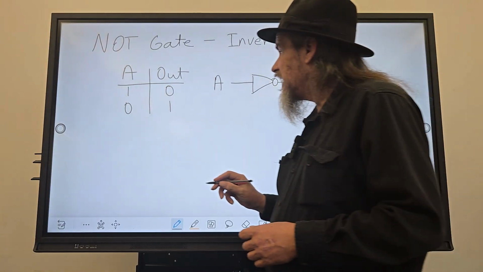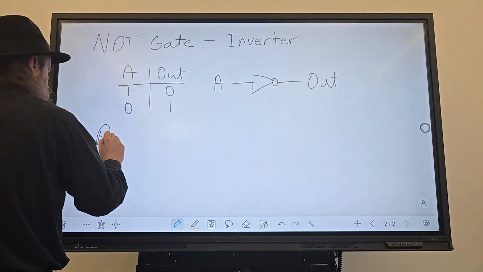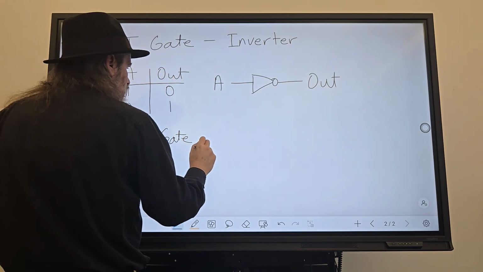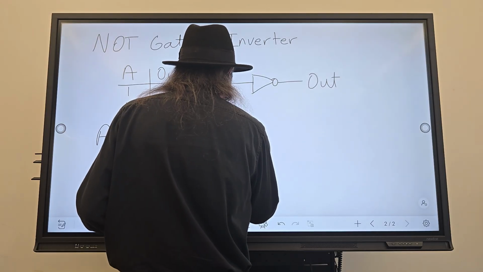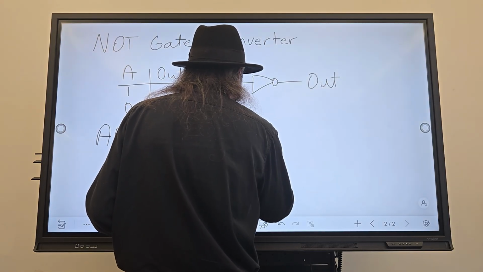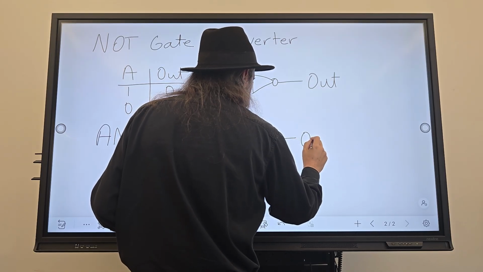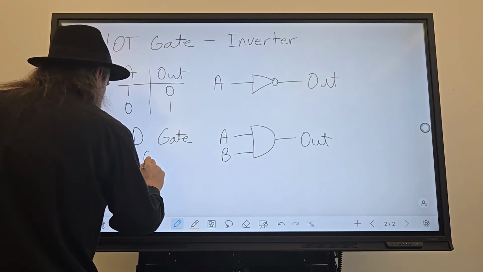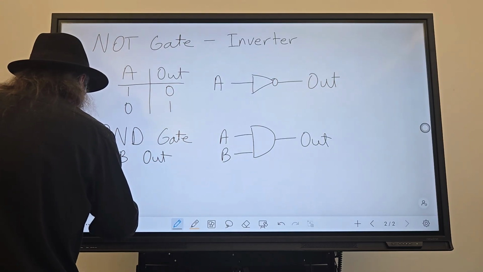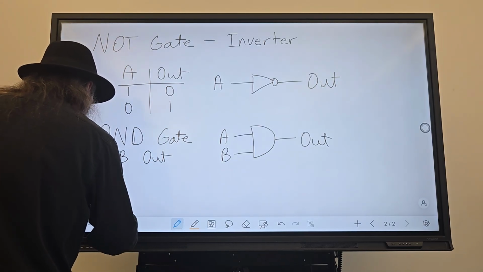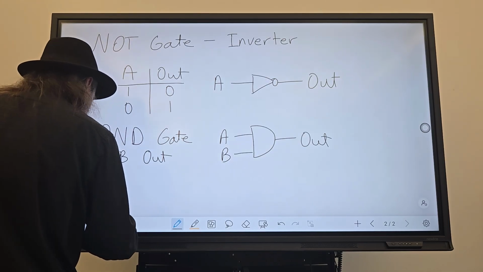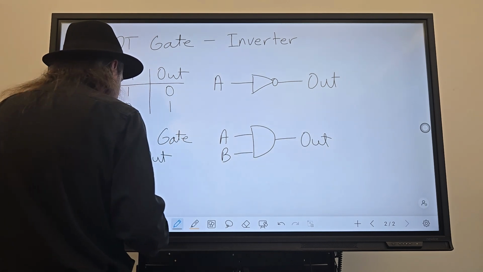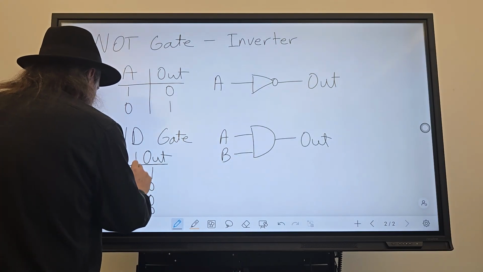The AND gate has 2 inputs and has that for a truth table.